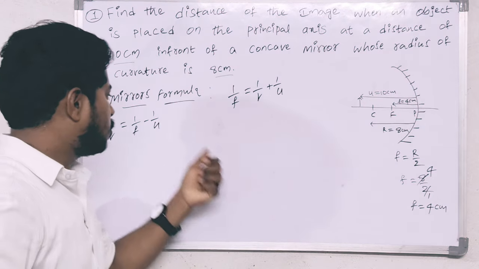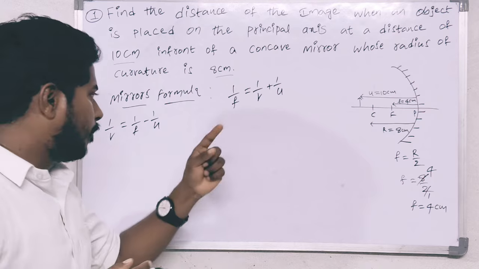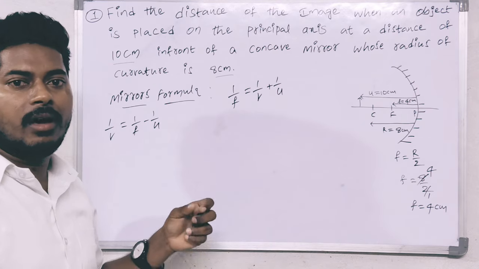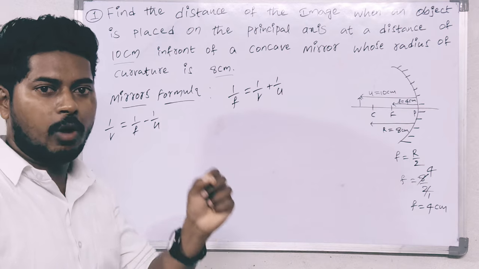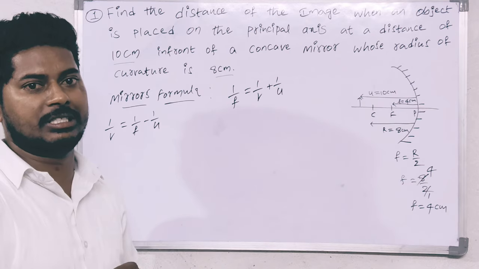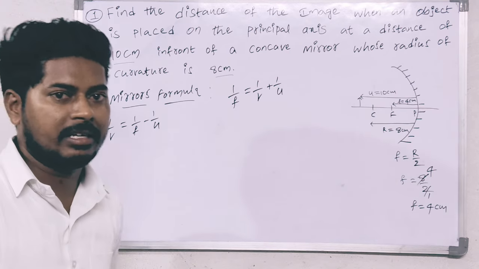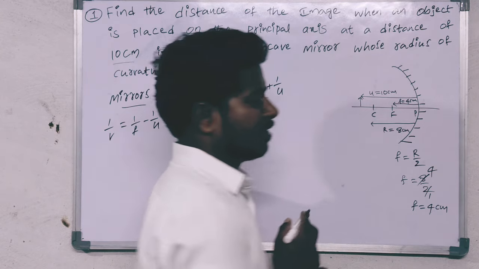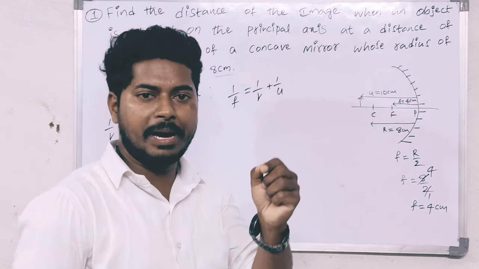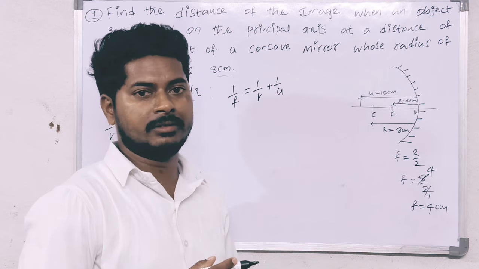When we are going to solve the problem, when we apply the values in the mirror formula as well as in the magnification formula, every time we have to apply the sign conventions. For that, we have a trick. Every distance should be compared with the incident ray.